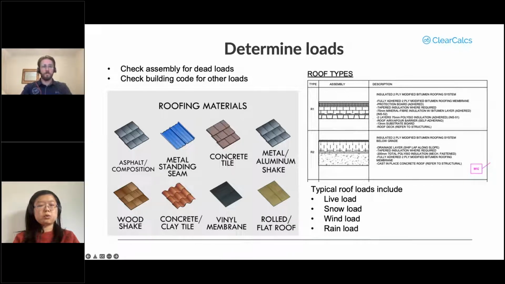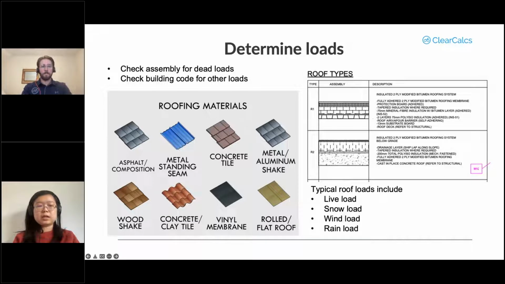But for most efficient framing, say you want to shave off a couple of inches in depth for your beams, then it might actually make sense to dig into the roofing materials. And if you know exactly what materials will go on the roof, then it's probably more efficient and accurate to use that.